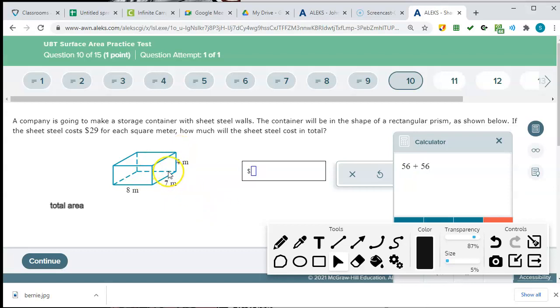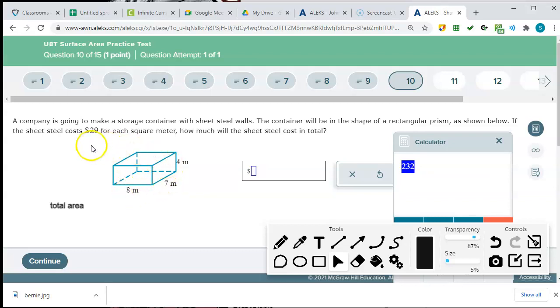The right side is 4 times 7, so that's plus 28, plus 28. And then the front and the back are 32, 8 by 4. So we need 232 square feet.